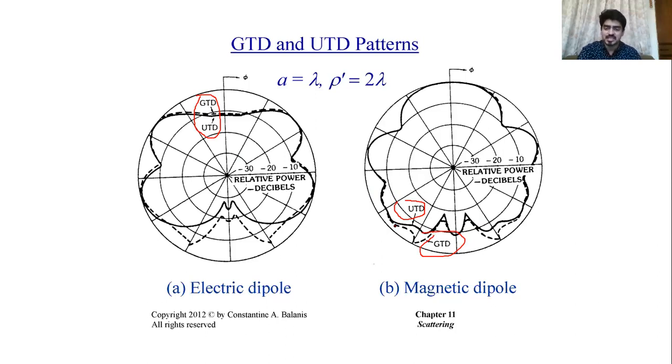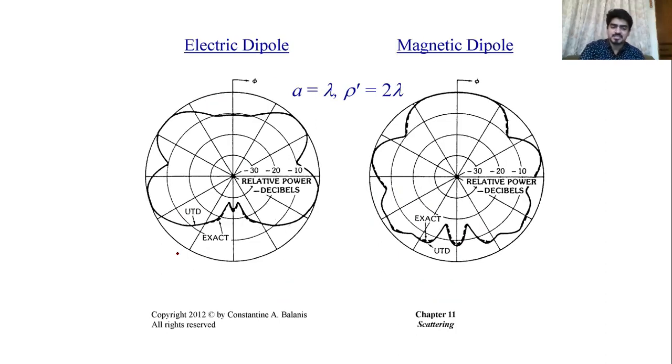Now you see that there are some discrepancies between the GTD and UTD. When we look at the comparison with the exact radiation pattern, you can see that UTD is much more accurate compared to GTD. Okay.